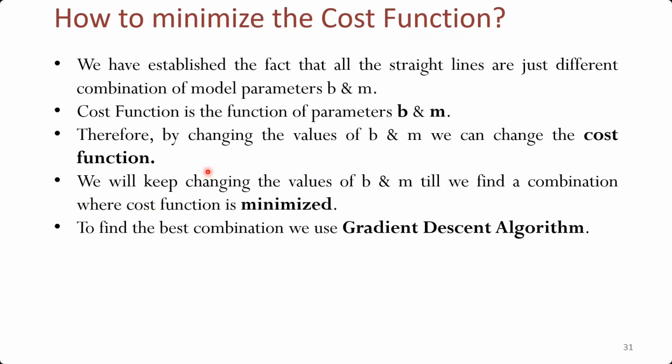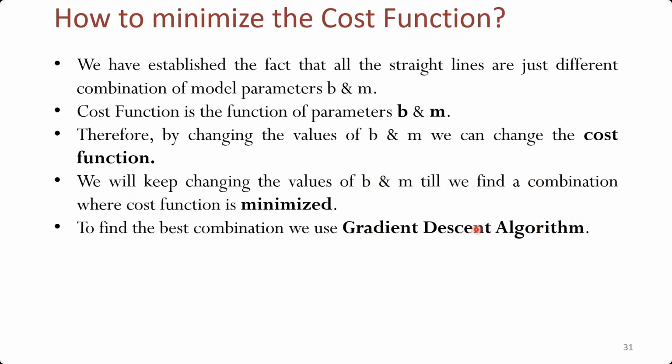So we have to change the values of b and m gradually, so that the combination generates the minimum cost function value. To find the best combination, we use the gradient descent algorithm.